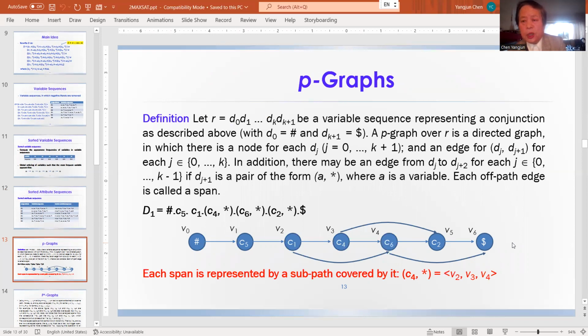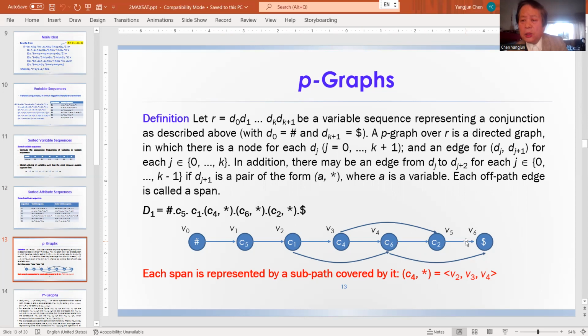In this graph, we have a main path going through every variable in this conjunction. In addition, for each star notation appearing in the conjunction, we have a spine. For example, for this star notation, we have this spine. For this star notation, we have this spine, and for this star notation, we have this spine.